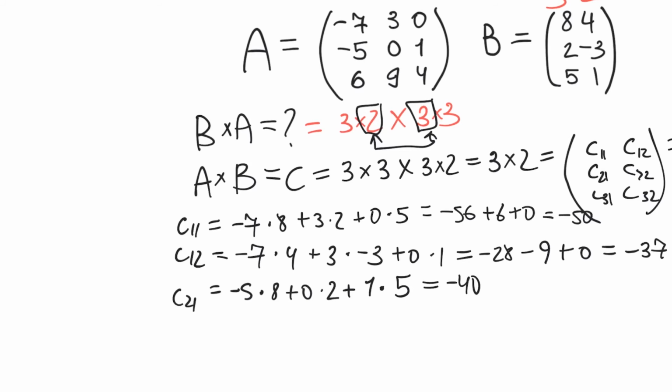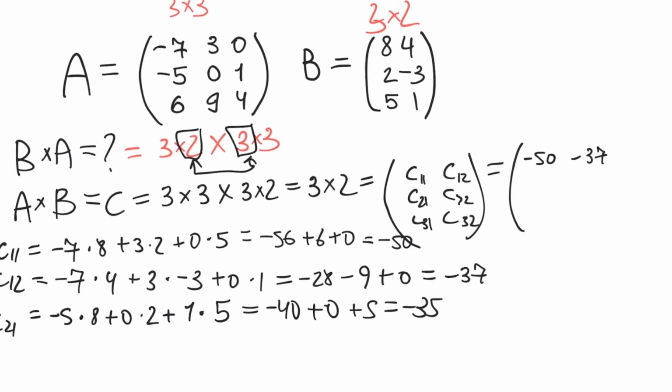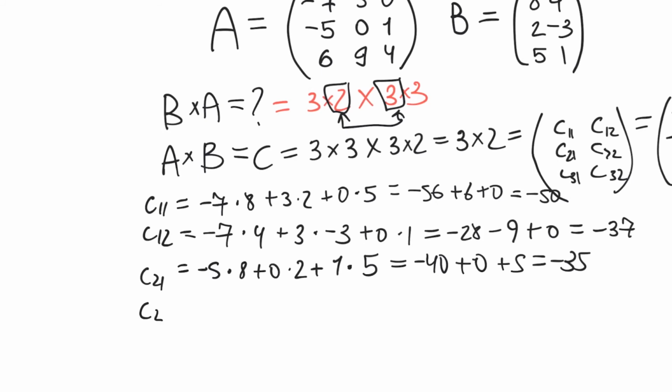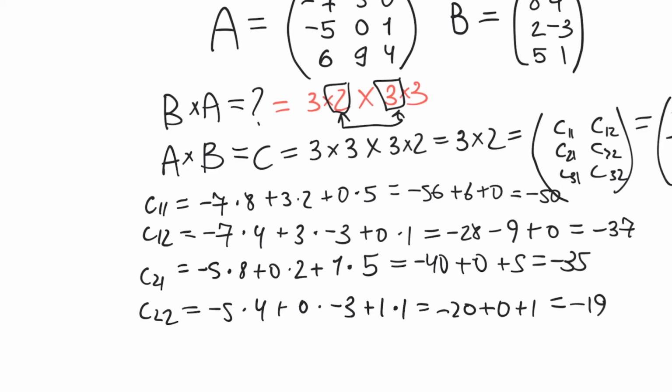So that equals -40 plus 0 and plus 5, and it's going to be -35. So C21 equals -35. Now let's calculate C22: -5 times 4 plus 0 times -3 plus 1 times 1 gives us -20 plus 0 and plus 1, or -19.